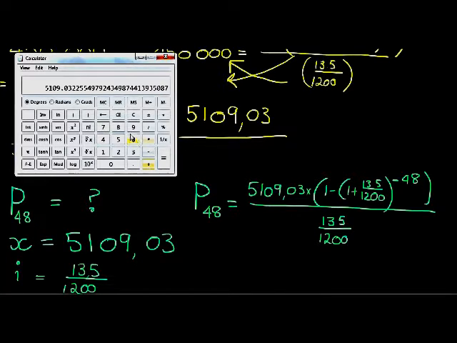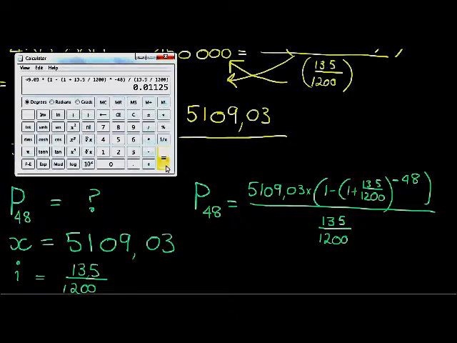And now if we go calculate that, it's 5109.03 times, in a bracket, 1 minus another bracket 1 plus 13.5 divided by 1200, close the bracket, to the power of the critical step, 48 with a negative, close that, and divide with this bracket 13.5 divided by 1200.